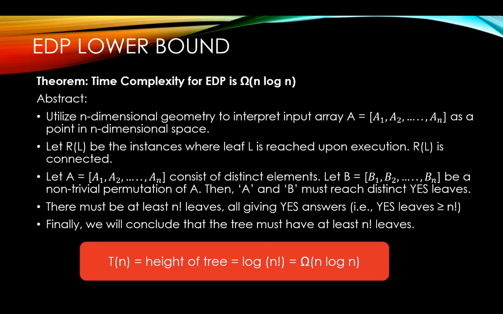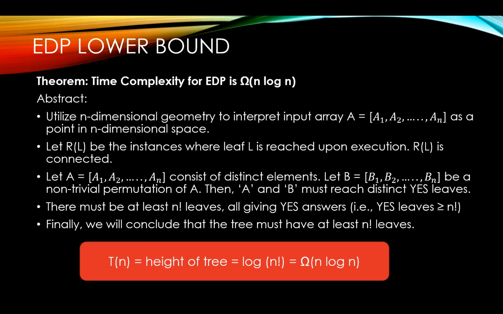Today's major focus is on this part. The abstract of how we are going to prove it is that, first of all, we are going to utilize n-dimensional geometry to interpret our input array A as a point in an n-dimensional space.